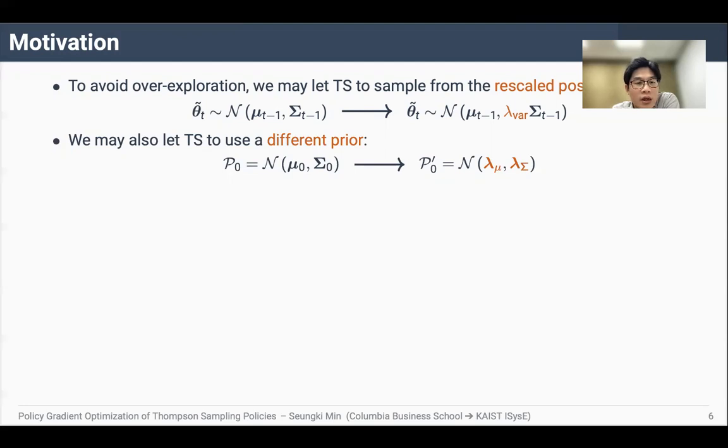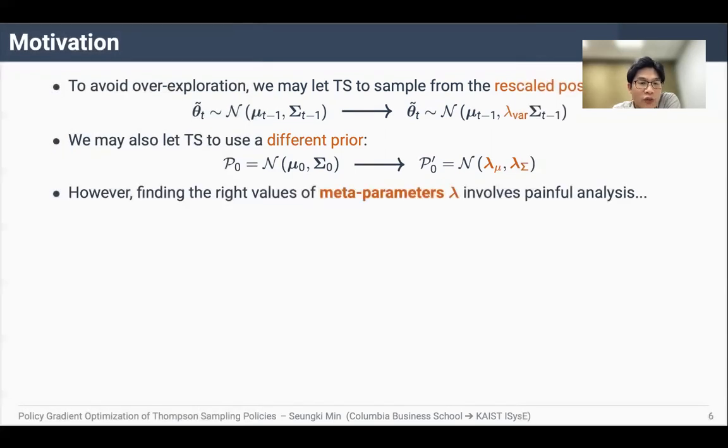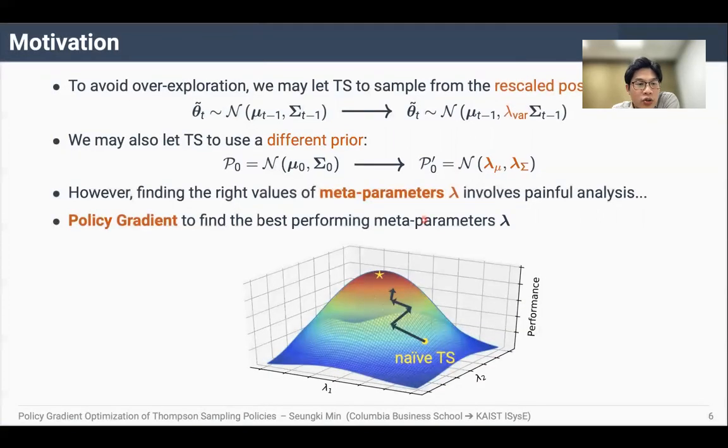But the thing is, it will be very challenging to find the right values of these tuning parameters or meta parameters lambda. We don't know how to do it in an analytic way. So what we are suggesting is to use the policy gradient method to find the best performing meta parameters lambda in some data-driven way, possibly starting from the standard Thompson sampling.